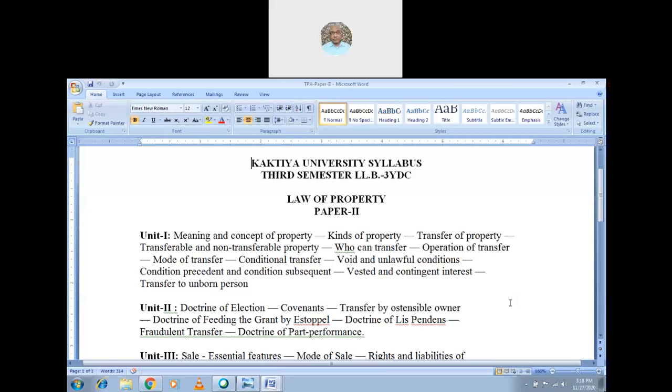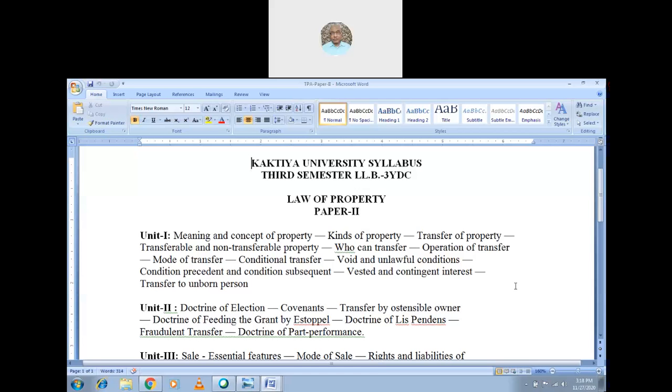Later we did the mode of transfer. We also did the conditional transfer, condition precedent and condition subsequent. But there are void and unlawful conditions, that is section 10, section 11, section 12 of the Transfer of Property Act, which deals with the void conditions.